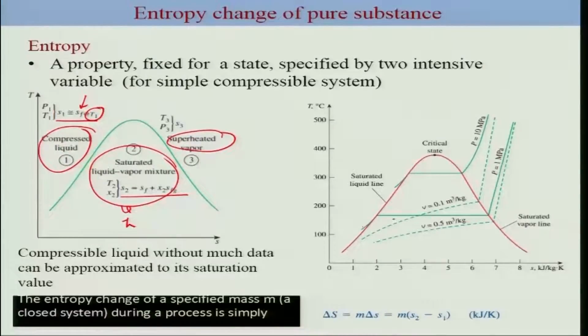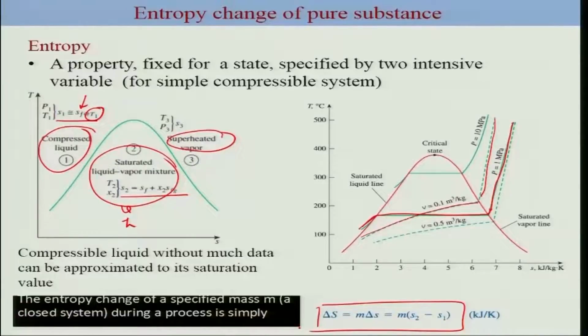Now this is a typical isobar here, and isochores are not constant within the dome, the saturated liquid-vapor region, and have a higher slope compared to that of isobars. So this is a typical diagram for T and S. For the case of entropy change for a closed system of a specified mass, the change can be given in this form.